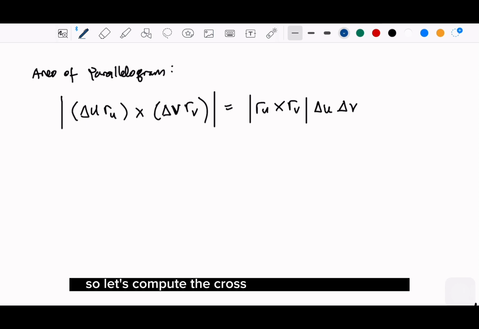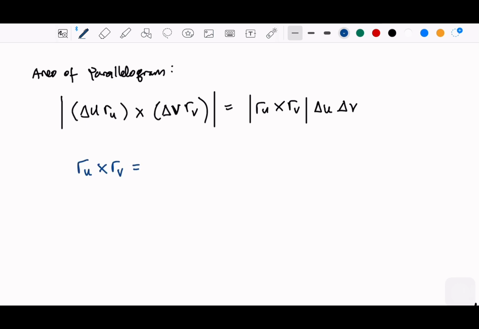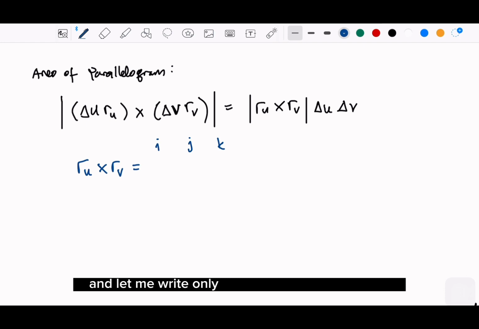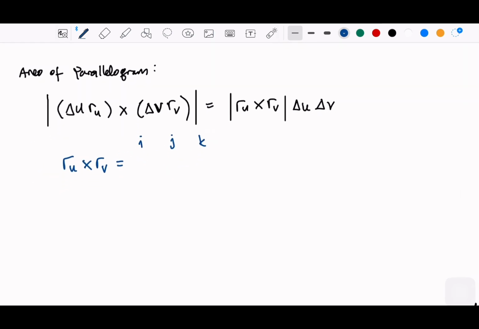So let's compute the cross product r_u cross r_v, taking i, j, k. Let me write all the r_u right here.